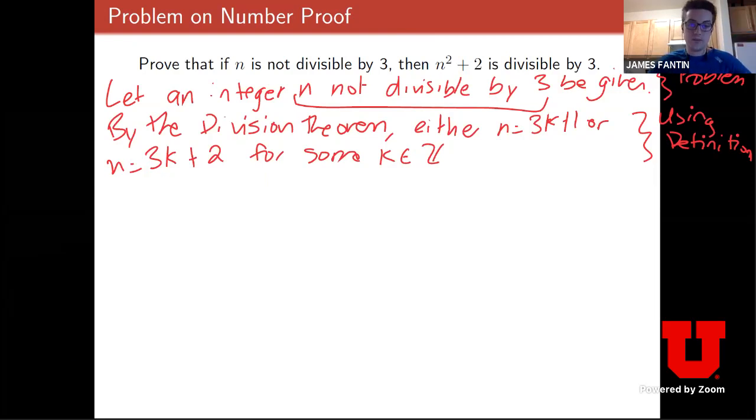Now we want to do the bulk of the proof. Starting with n equal to 3k plus 1, we want to show that n squared plus 2 is divisible by 3.